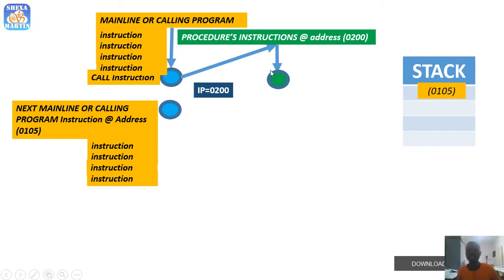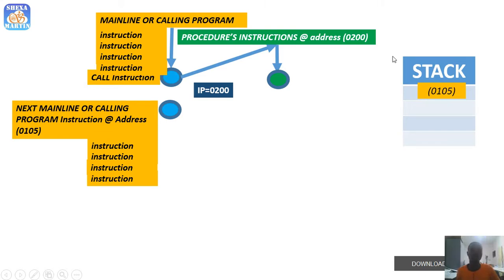Then this procedure also calls another procedure. When we execute the call instruction here, it moves the address of the next instruction to be executed in this procedure onto the stack, and then IP takes the address of the next instruction to be executed in the second procedure that is called.